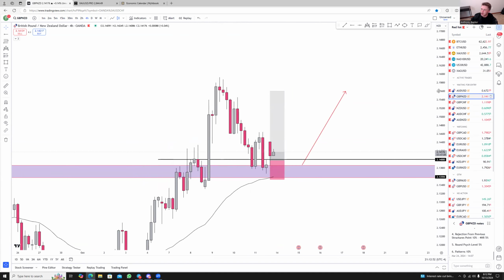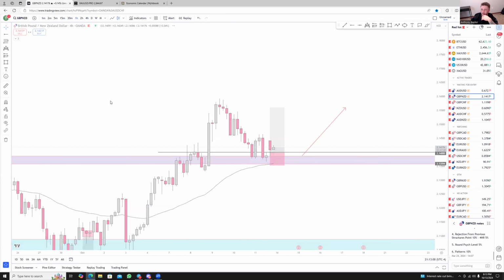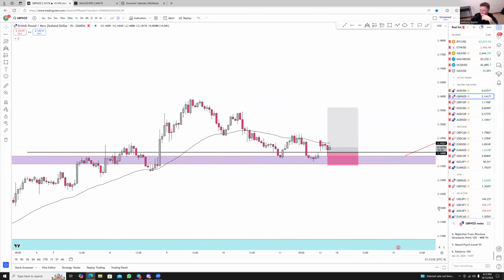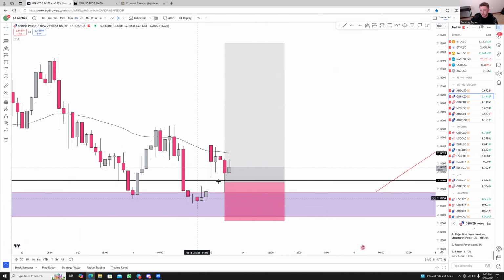All right. So what I'm waiting for on this one is we already had that shift. See, there's that shift in structure there. We're going to go down to our 1 hour. I like it. Our 1 hour has shifted. This is market open right here. So that's why there's a huge gap, is market opened at a higher price than it closed at.